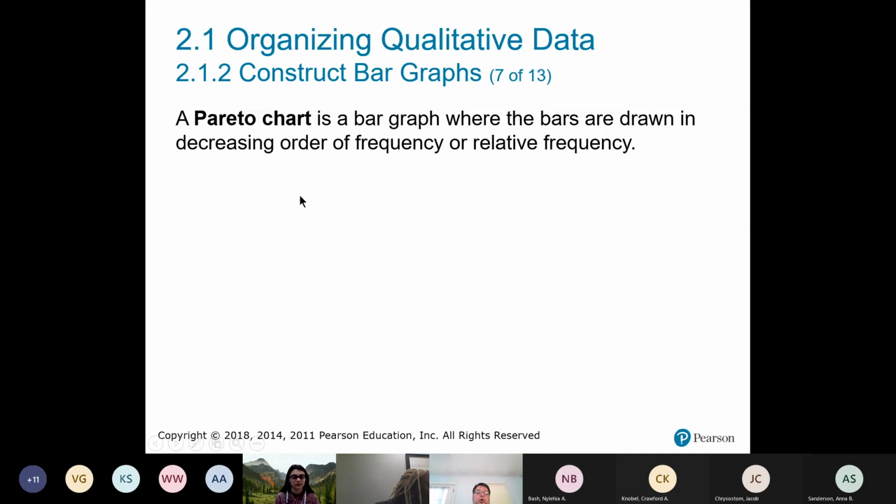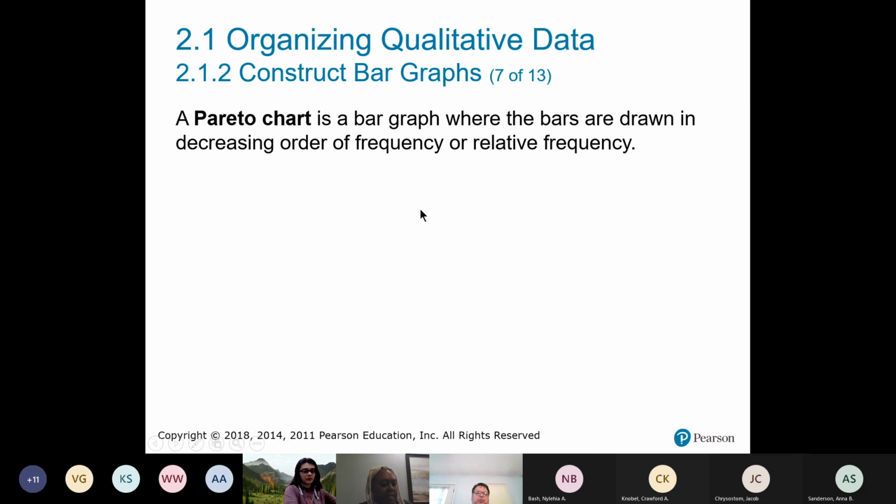A Pareto chart. I want you to write down what a Pareto chart is. Do that for me, please. Why? Because a Pareto chart is something that's going to be on your standardized test. It's not used a lot, but what is it? It's when you put your bars in descending or ascending order.